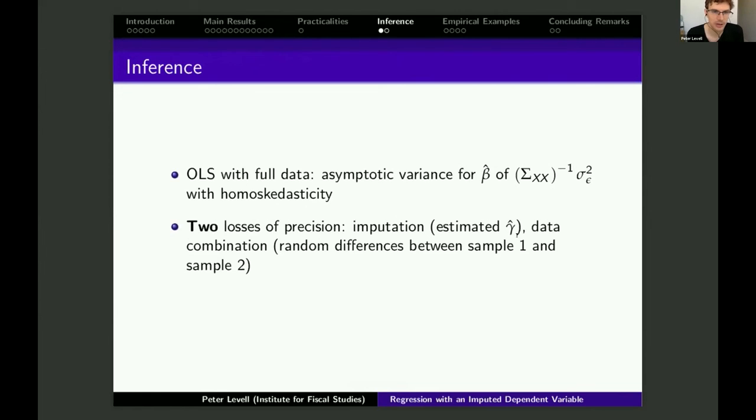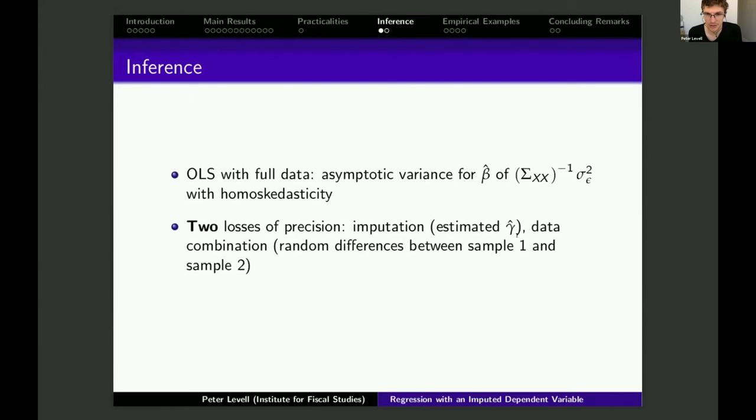Okay, so a third contribution of our paper that I mentioned was we talked about how to get the correct standard errors when you use this approach. It's a two-step procedure, so you need to think about how that affects your standard errors. Relative to the case where you have complete data, with no need to impute y, there'll be two losses of precision in the imputation approach.